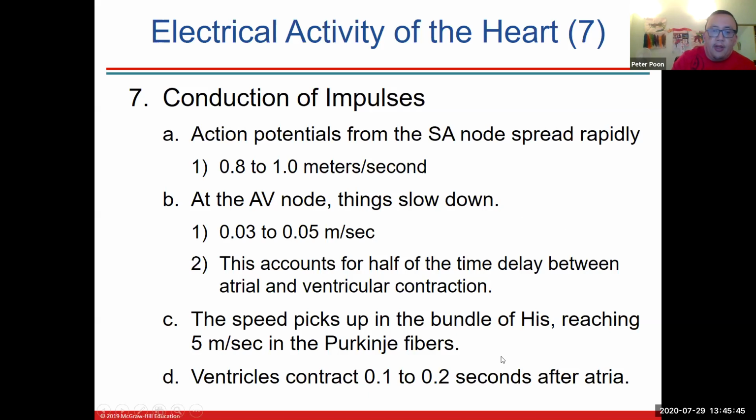Okay, so there is a conduction of impulses, etc. So, lub dub. The lub dub is the atria, a split second wait, then the ventricles.